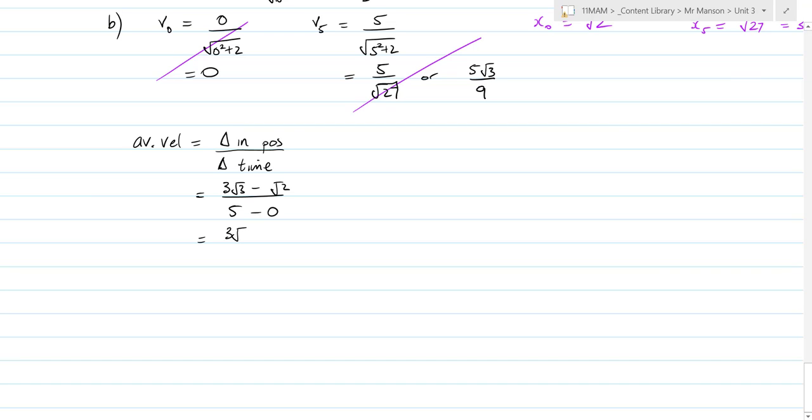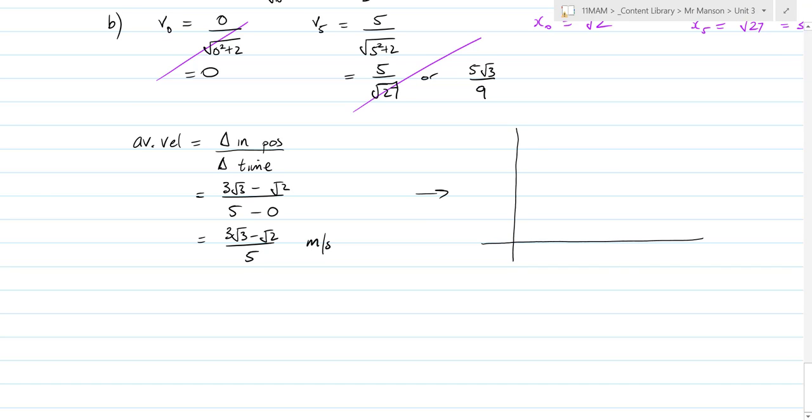Just to show you what I mean, this is a square root function, so it's going to look something like this. And this point here is time 0 and position root 2.